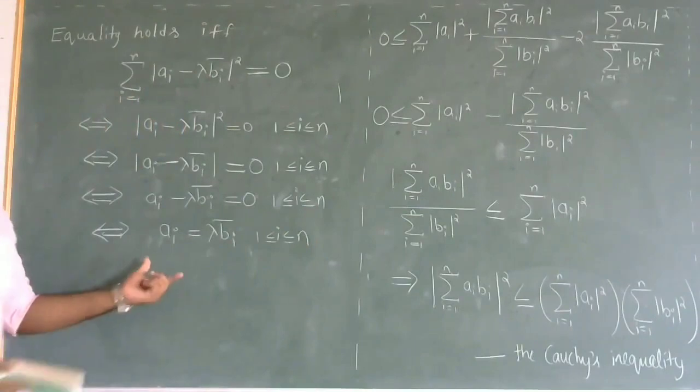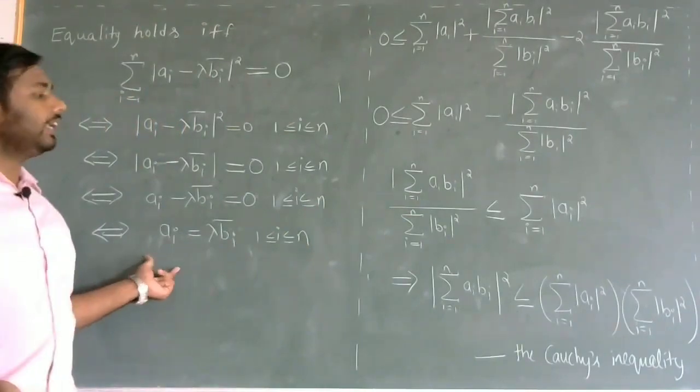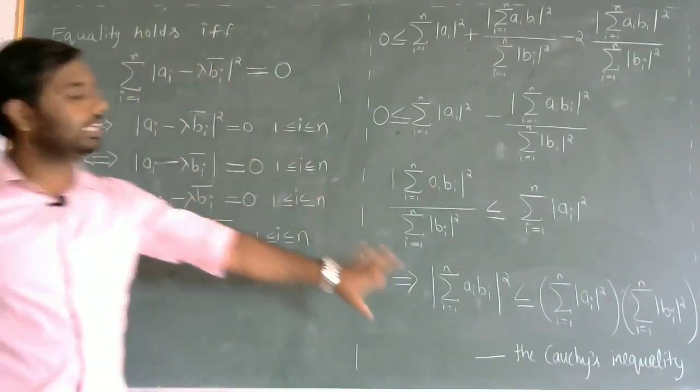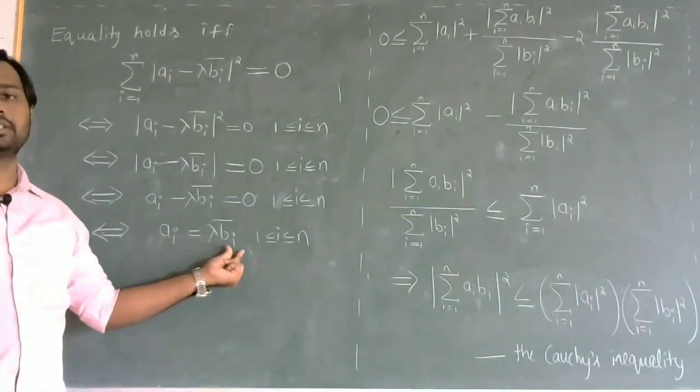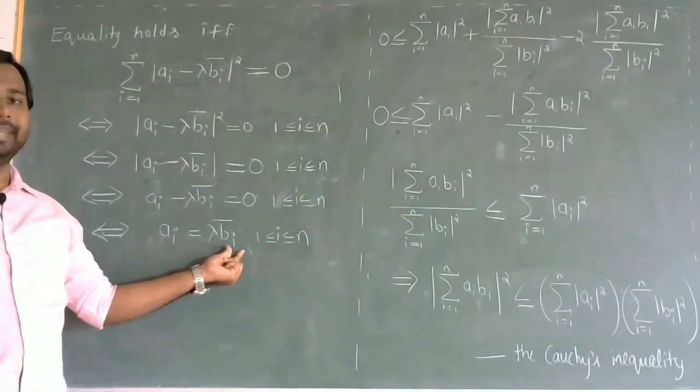So once again we got the same condition. That means equality holds in the Cauchy's inequality provided the ai's are scalar multiples of conjugates of the bi's.